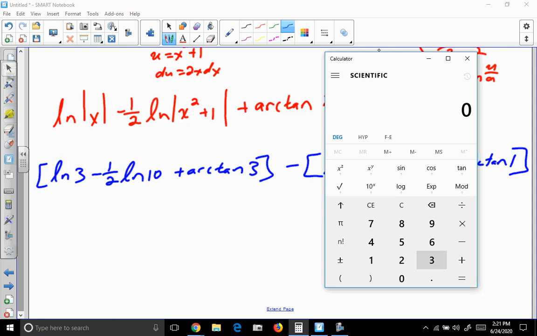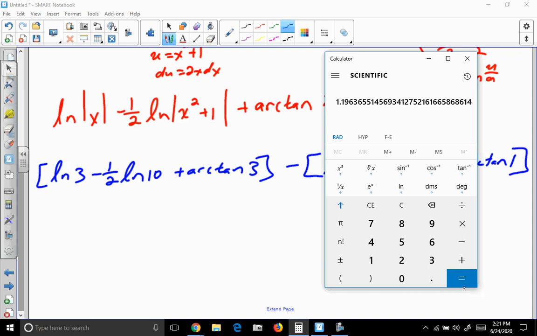So out front we have natural log of 3 minus half of natural log 10 plus, let's see, we want to be in radian mode, plus arctan of 3.